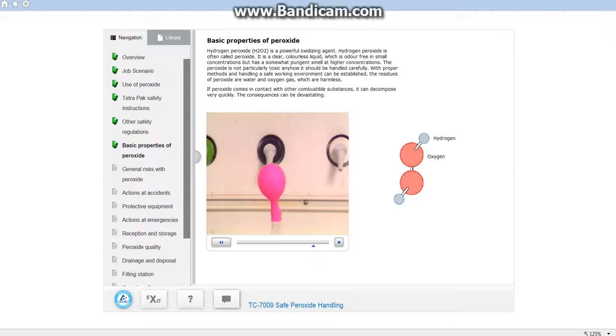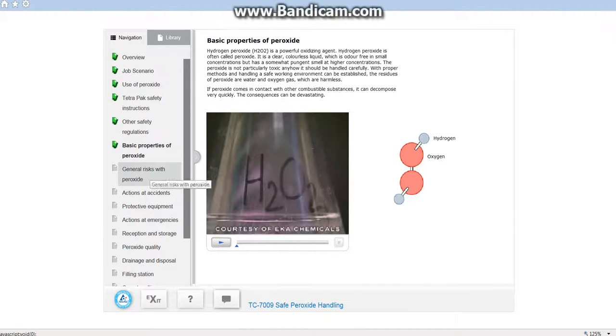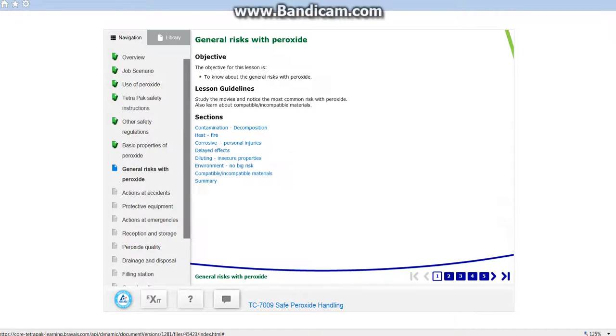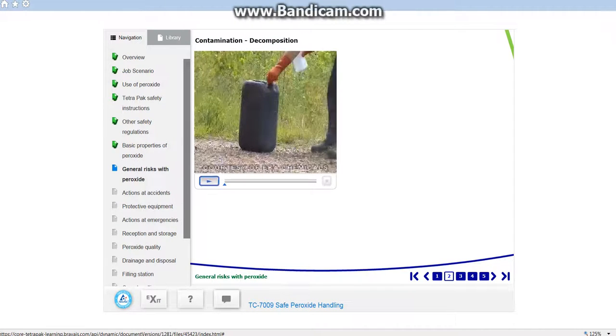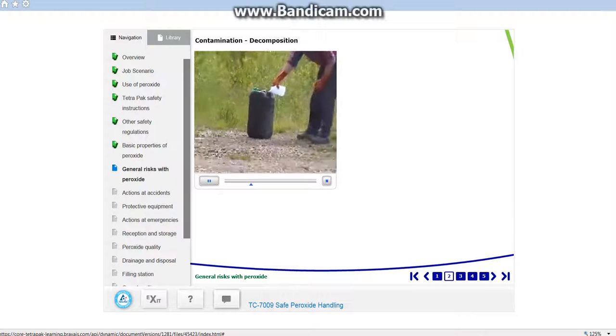The consequences can be devastating. Peroxide must be protected against every risk of contamination and kept separate from other combustible substances.